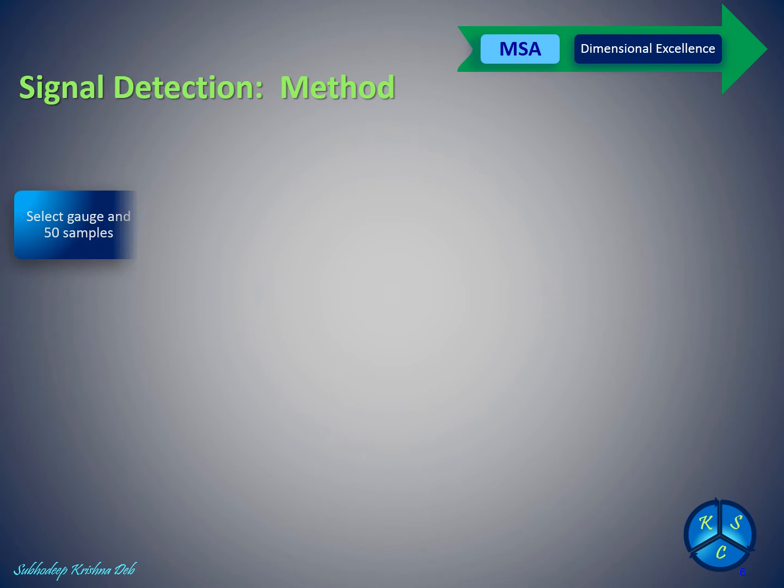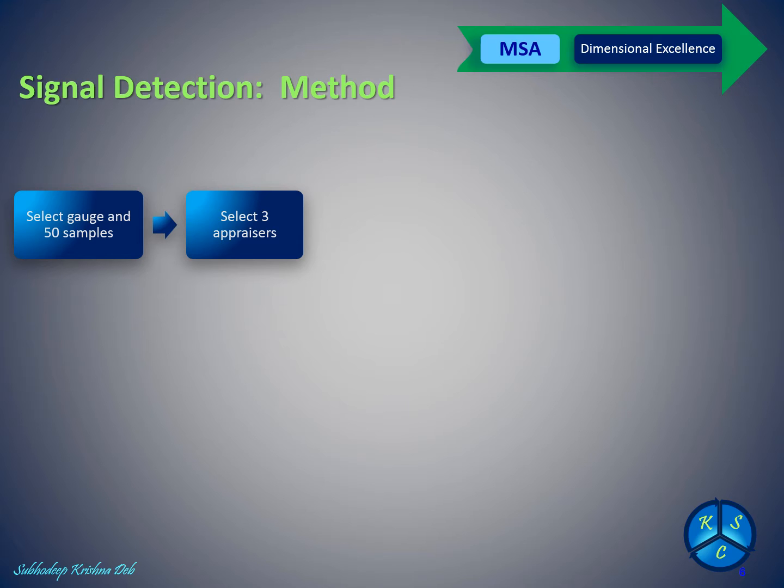Now for the signal detection method, we need to first select the gauge for which we need to perform the study, like the limit gauge, snap gauge, or plug gauge, and 50 samples, for which we should define the complete process, and there should be 20% of defective parts within that.